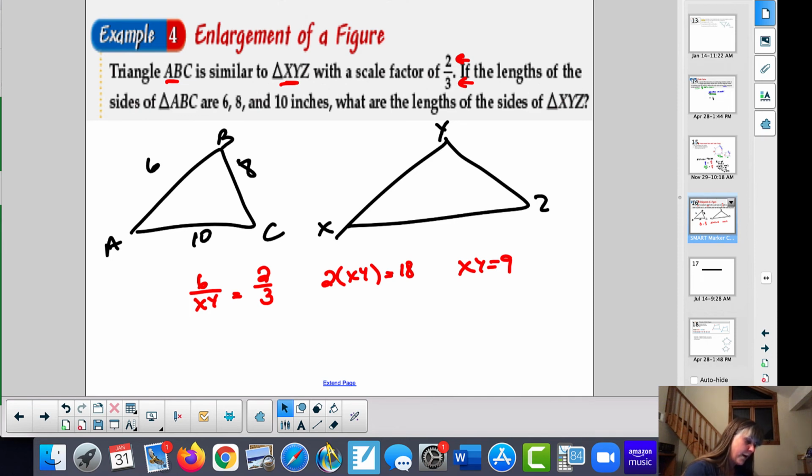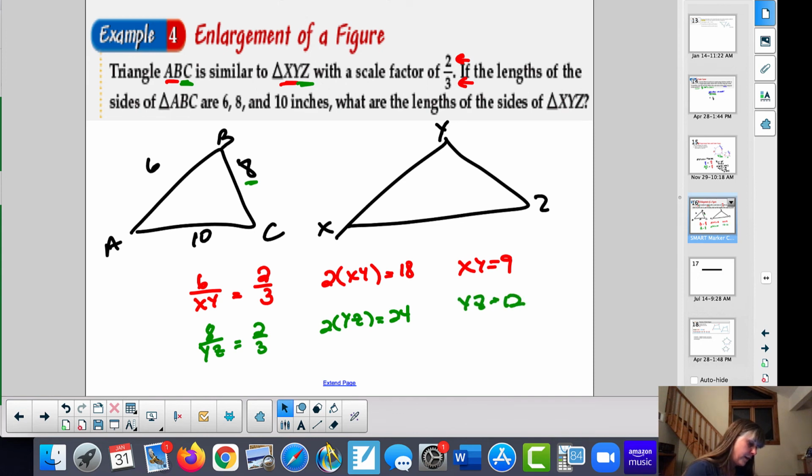So I can do that for YZ. YZ is going to go with this 8 because it goes with BC according to the similarity statement. So YZ is 12.